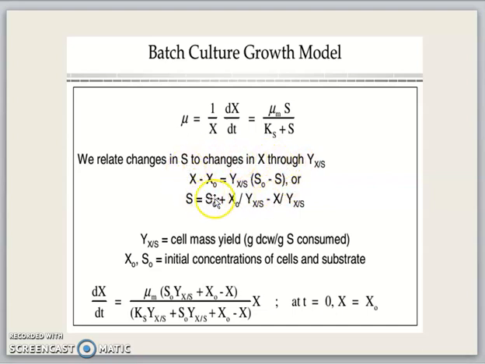If you use this equation, you are able to find the yield coefficient of cell concentration over substrate, which becomes Yxs equals s naught, the initial value of substrate, minus s, the final value of substrate, over x, the concentration of cell, minus x naught, the initial concentration of cell. So by using this equation, you are able to determine the yield coefficient of cell concentration over substrate.